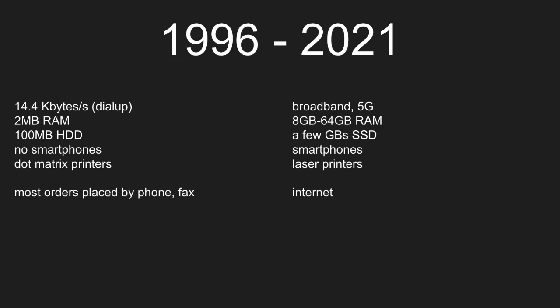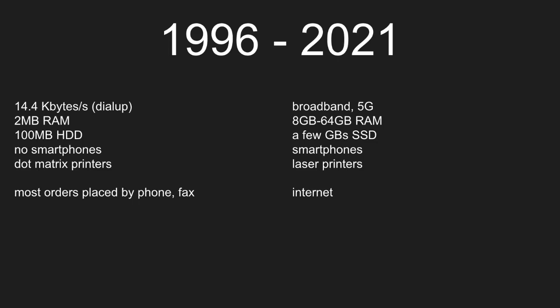I remember very well. Now in 2021, almost all the orders are being placed via internet. You have broadband connections, 5G. Most computers have at least 8 to 64 gigs of RAM.